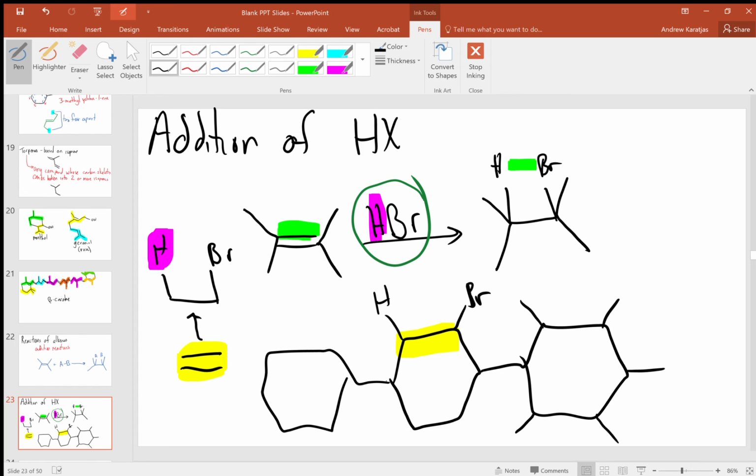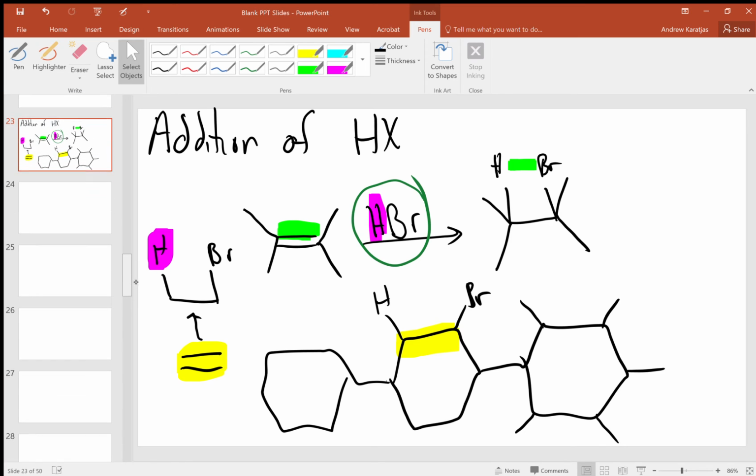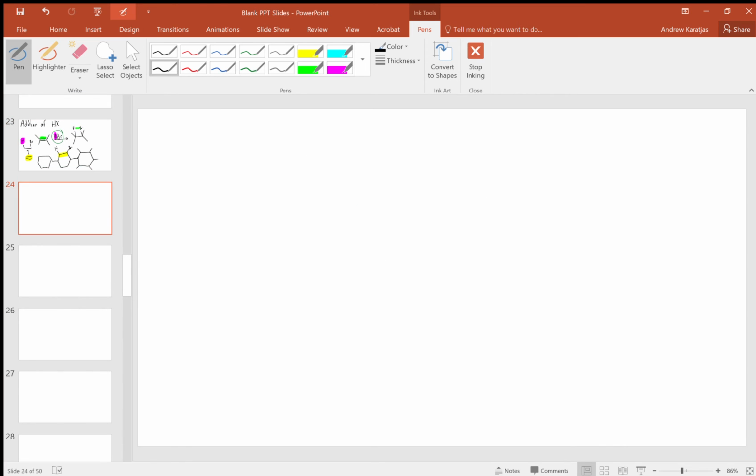What happens if the alkene is not symmetric? And it doesn't take a lot to get us there. I mean, even a molecule as simple as that one is no longer symmetric.